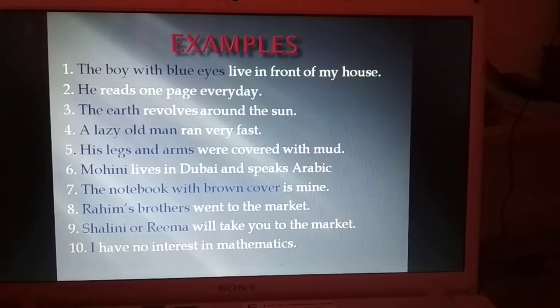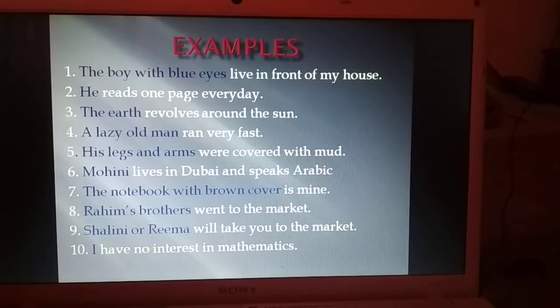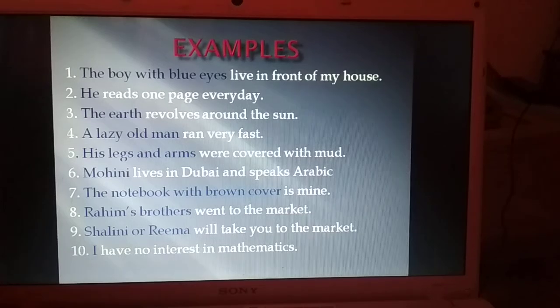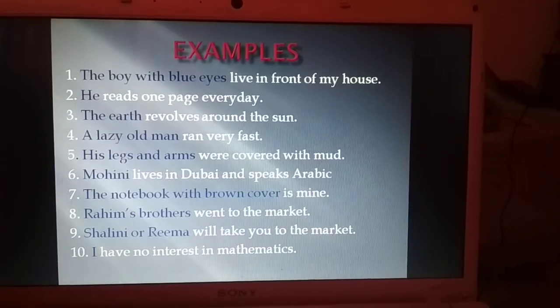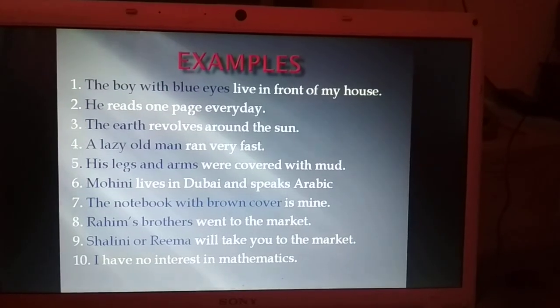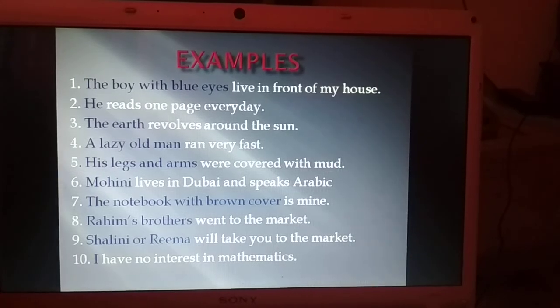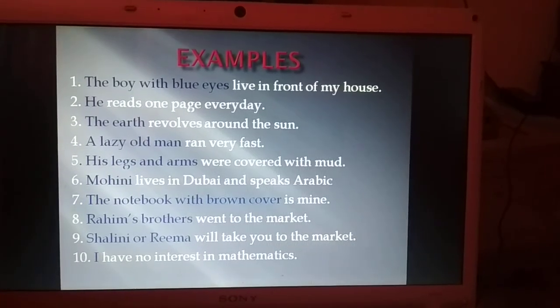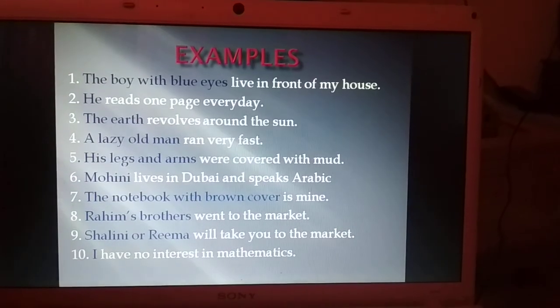A lazy old man ran very fast. So here a lazy old man, this is our subject. So you are not going to underline only old man. Fine. So all the words which are describing that particular man, you are going to take all of them together and that will give you your subject.